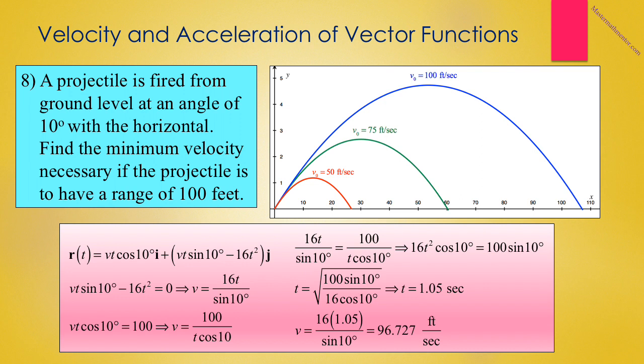So plugging that into our v formula, for either one, we get 16 times 1.05 over sine of 10 degrees, getting v is equal to 96.727 feet per second. And that seems to go hand in hand with our graph.